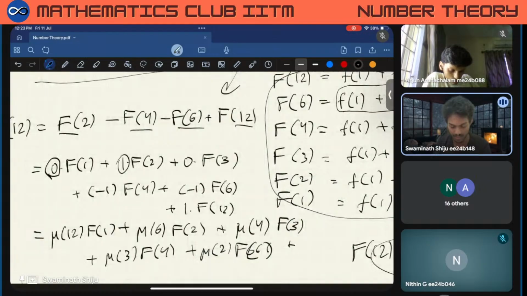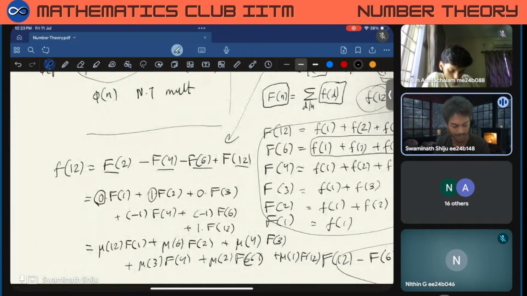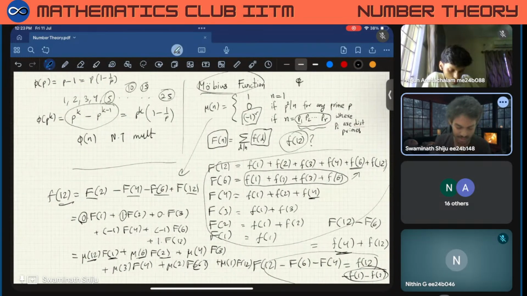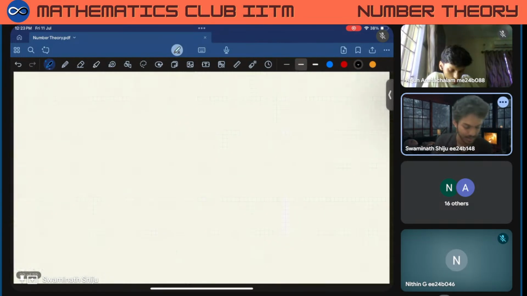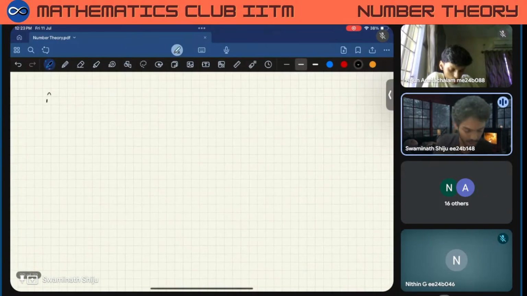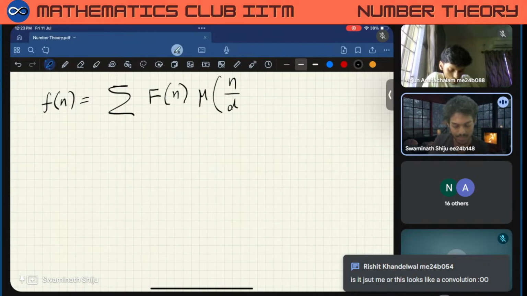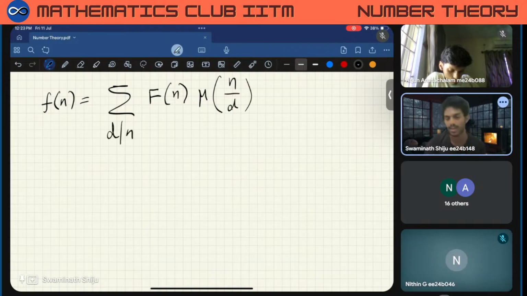And this is mu of 1, f of 12. If you look at them, the indices all multiply to give n. So all of this work we can write simply as small f of n is equal to the sum of mu of n by d times capital F of d, where d divides n.